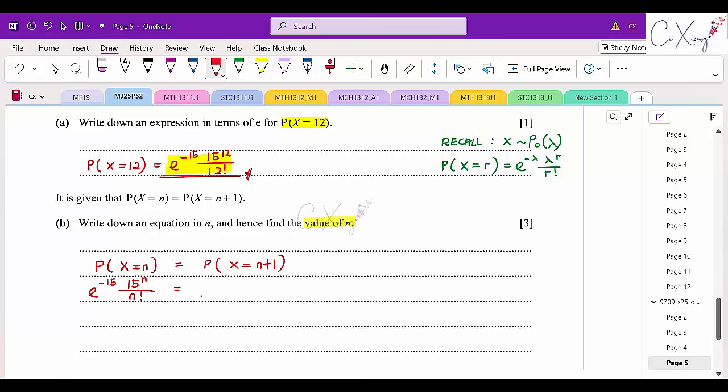Simply, on the right hand side, e negative lambda, lambda power n plus 1 divided by the whole thing n plus 1 factorial.